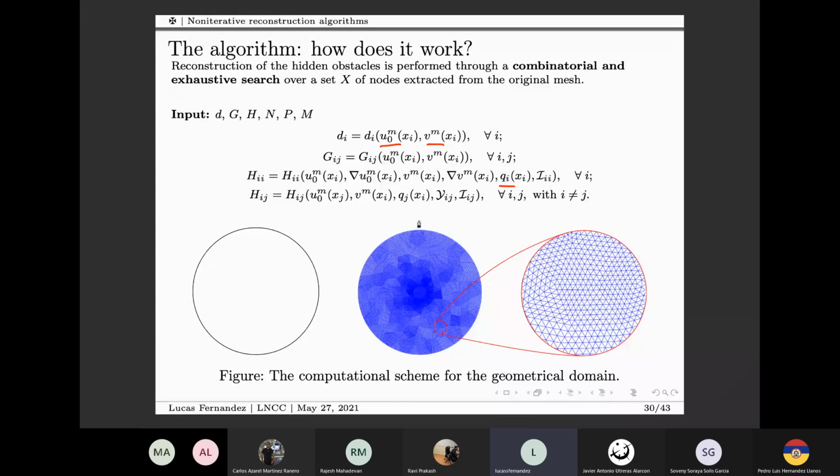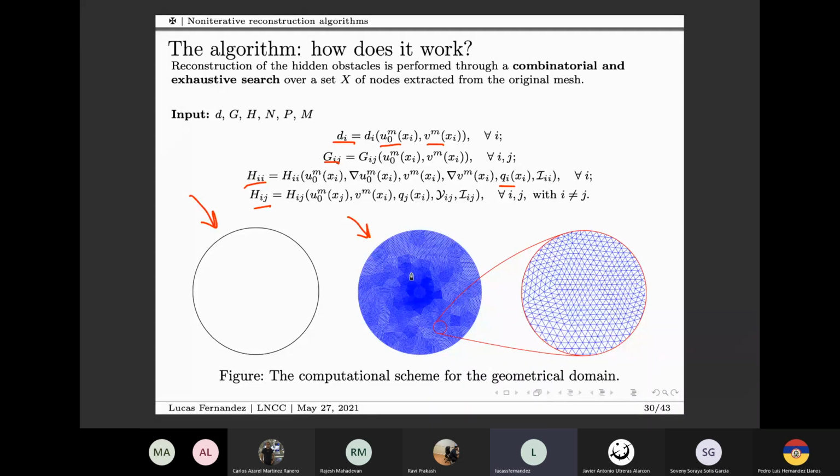So the reference domain is a circle, a unit disk centered at the origin, and the circle is discretized in finite elements, and all the boundary value problems are solved over this very fine mesh, okay? So we are able to know the value of the topological derivatives, D, G, and H, at each node of this blue mesh, at each node, okay?